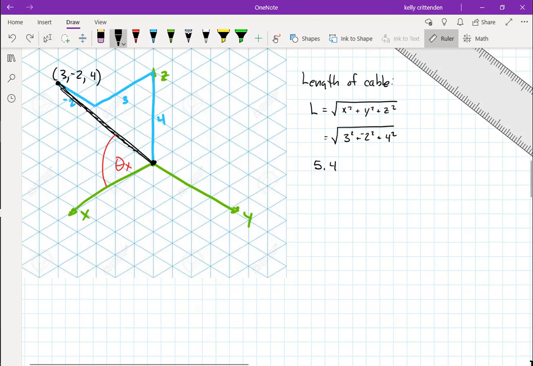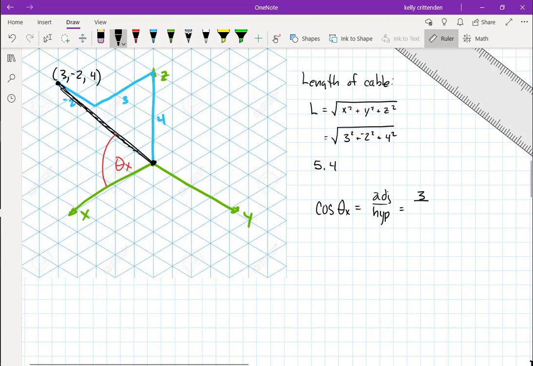So the cosine of theta x is equal to, the definition is adjacent over hypotenuse. So the adjacent side is going to be 3. That's the value of x in the x direction.